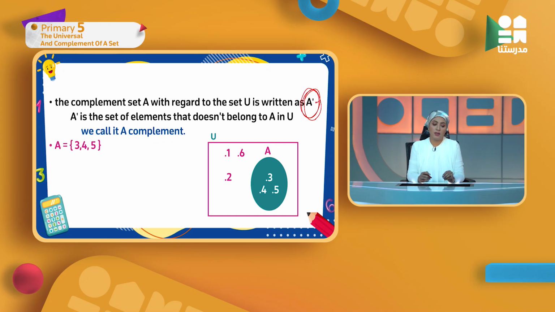If A is the set of elements 3, 4, and 5 يبقى على طول ال A complement هتكون ال elements اللي مش موجودة في الست A، هتبقى ال elements المكملة للست A which are here 1, 2, and 6. يبقى ال A complement is the set of all elements that don't belong to the set A in U. Okay? Then A complement is the set of elements 1, 2, and 6.